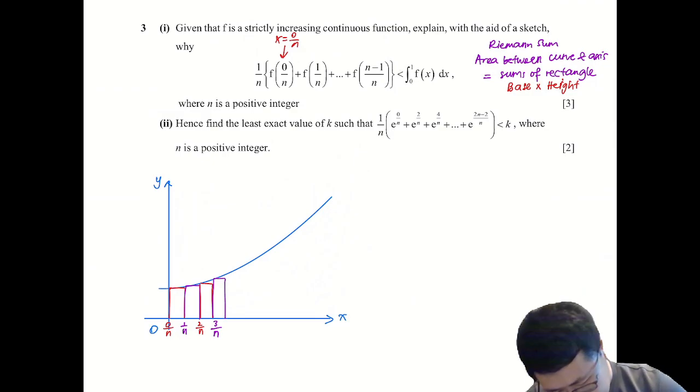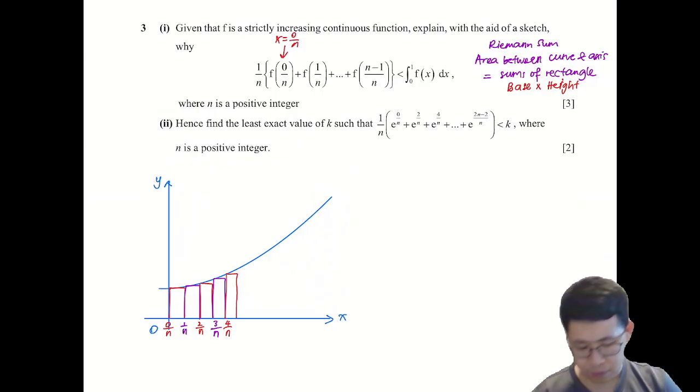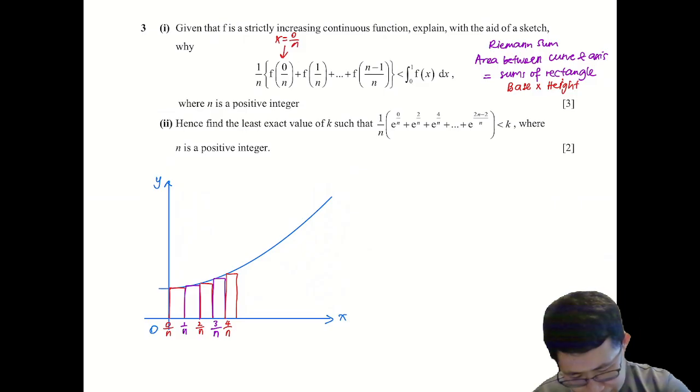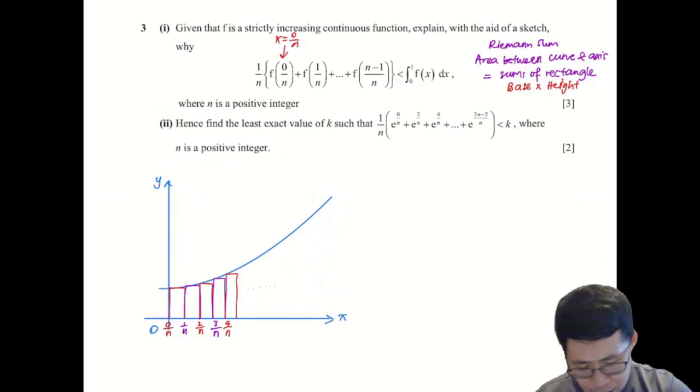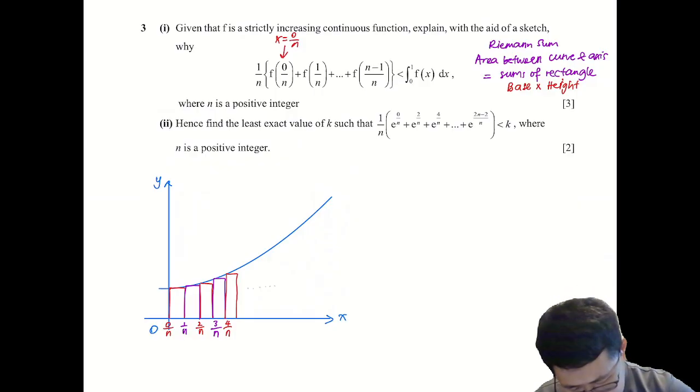Likewise, I can do this again and again to get your rectangles out here. Up to the very end, you can continue this process, dot dot dot. Up to the very end, when you have n minus 2, this is going to be your rectangle.